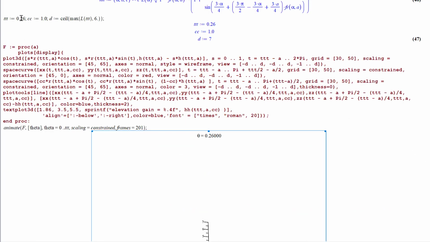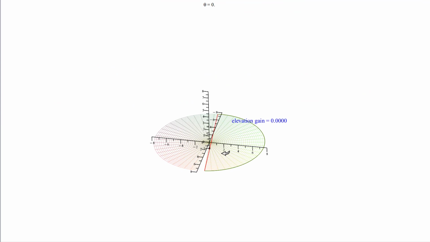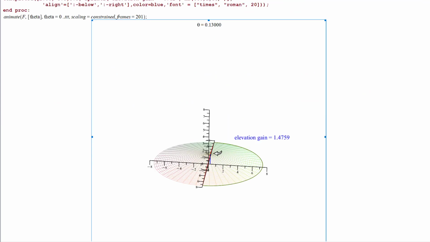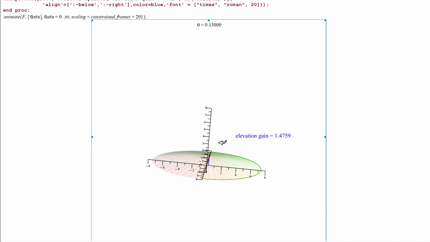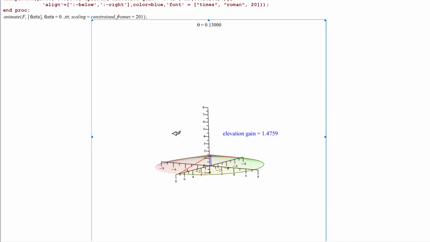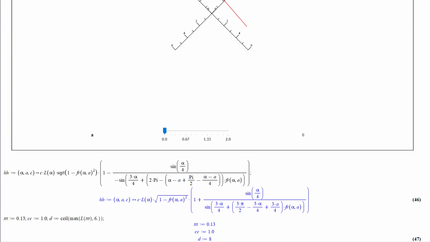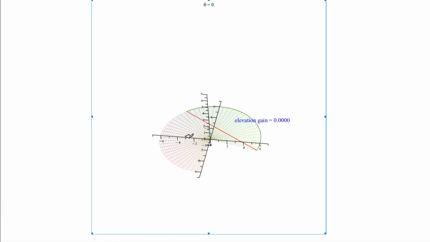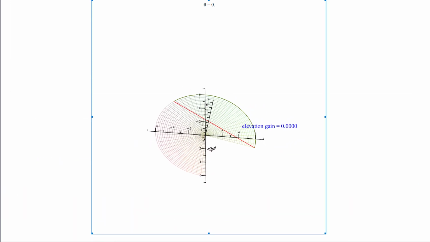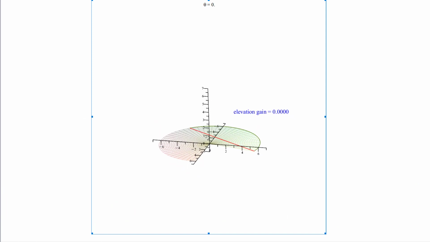I'll just cut it in half one more time. 0.13. So R is so big for this cone. H is really small. Right, one more look at the maximum. Again, that'll be about 1.35 radians. So this cut will maximize my elevation gain.